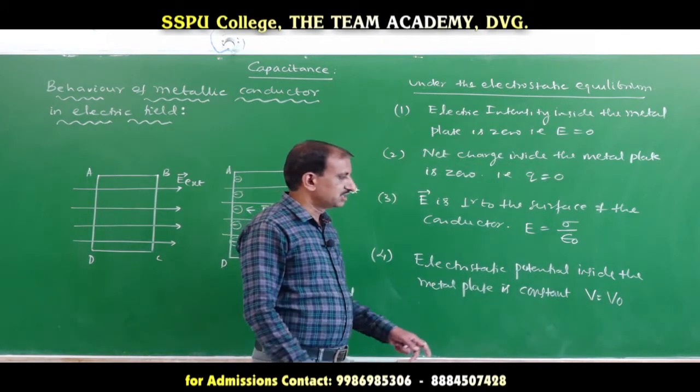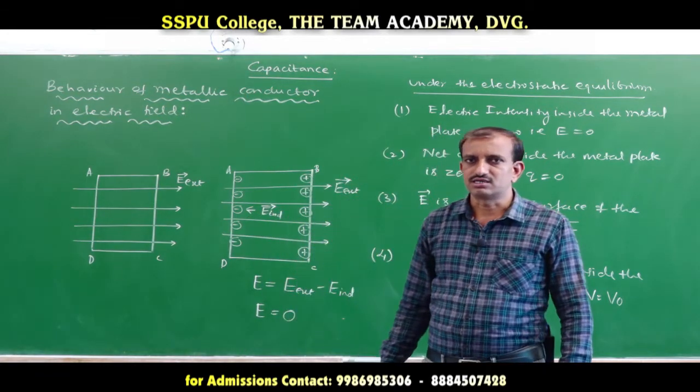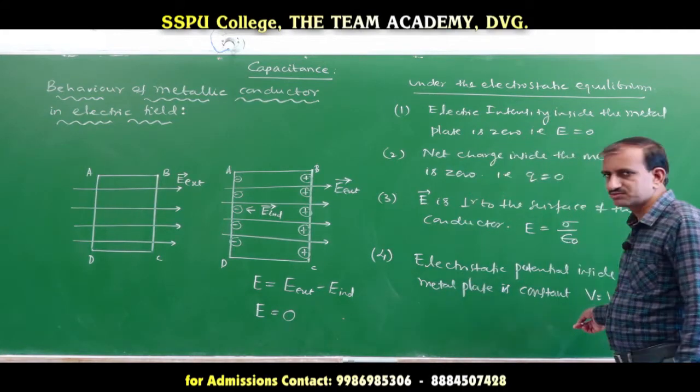Therefore, the electric potential throughout the volume of the conductor is constant and is equal to the potential at the surface of the conductor.